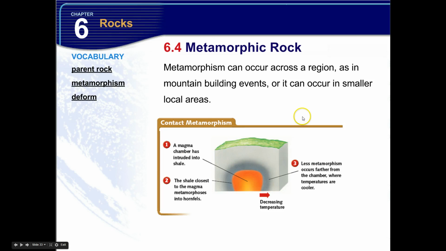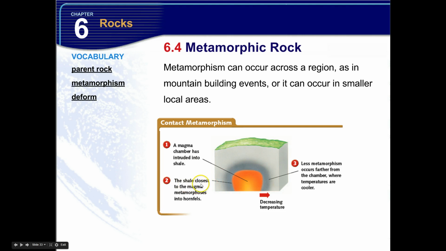Now, metamorphism can change across an entire region, like if a mountain's forming, or it can happen in a small local area. One type, contact metamorphism, is where a magma chamber comes up and intrudes, so it's an intrusive igneous formation that comes in contact with the rock that surrounds it.